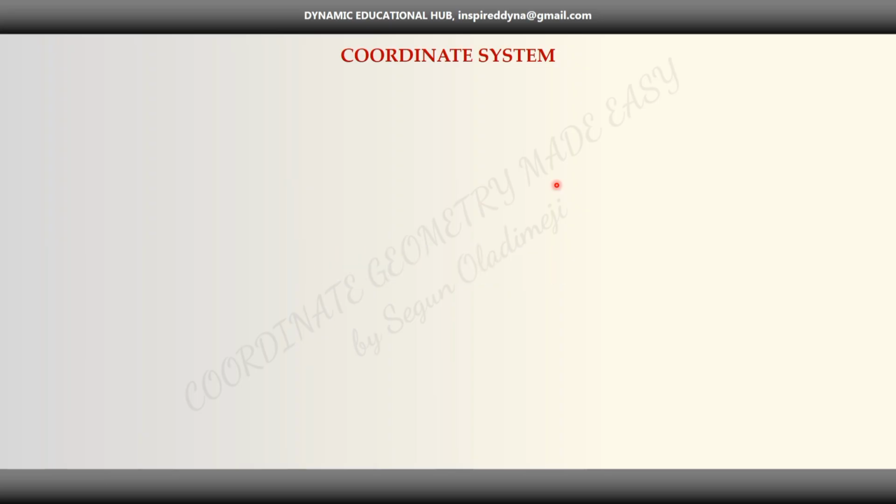The first thing we are going to learn is the coordinate system, the meaning of coordinate system. To start with, let's say we have a free space as shown, an empty space, and you want to describe the position of an object in an empty space. It will be very difficult for you to give the location of that point because it is an empty space.